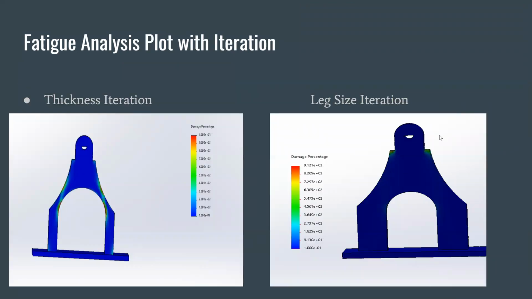So as you can see, for the two different iterations, most of the area has really low damage over time, except the part with a sharp edge that could be caused by singularity, and that could be fixed by just making the sharp edge round.